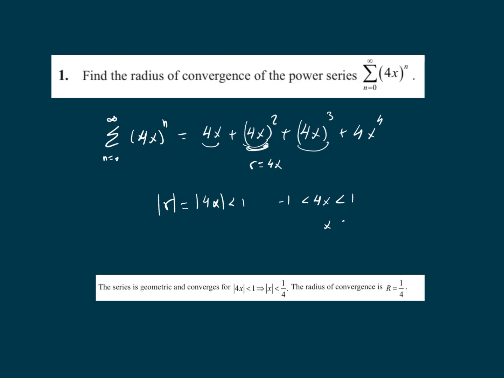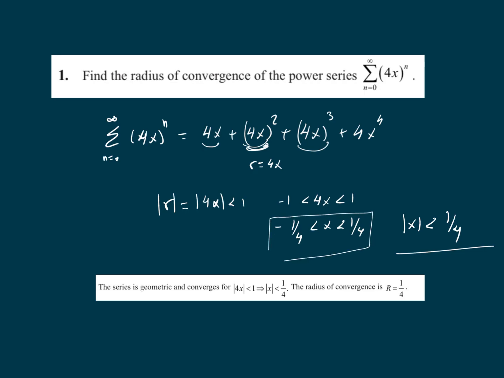So x is smaller than 1/4 and bigger than minus 1/4. Or in other terms, the absolute value of x is smaller than 1/4. So this is the interval of convergence: from minus 1/4 to 1/4.